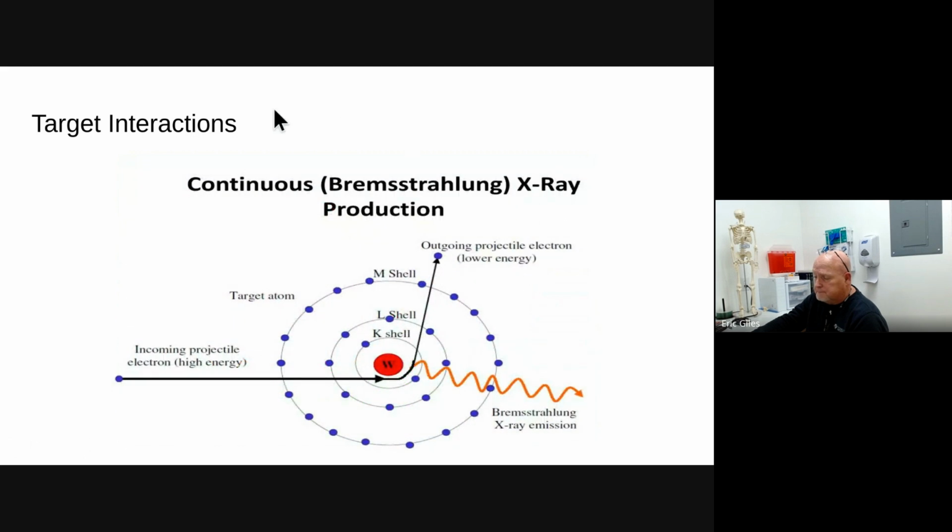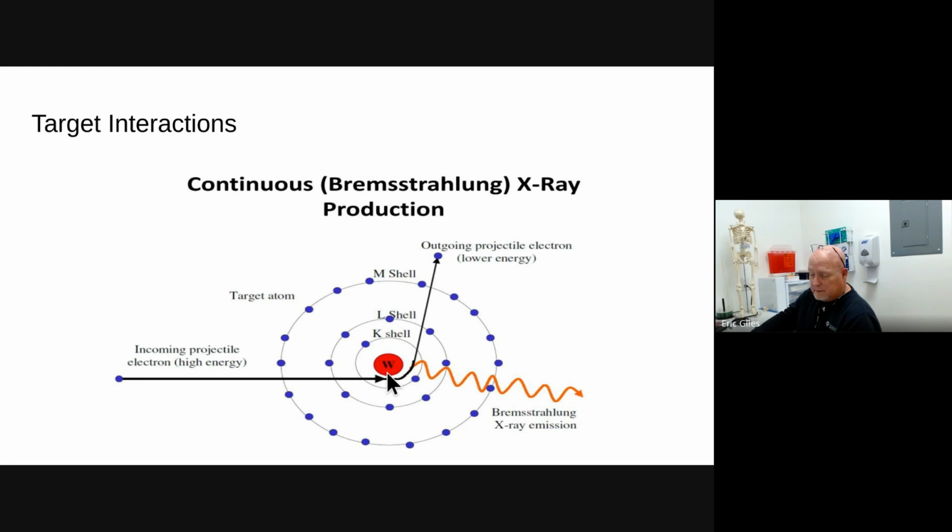So Bremsstrahlung is the more predominant and intense X-ray photon that's formed. So here we've got an incoming negatively charged electron. So what happens with Bremsstrahlung is it goes near or hits the nucleus of the atom, okay? So the further away it goes, it's going to be less of a 90-degree angle here. So it's going to come out down like this, okay?